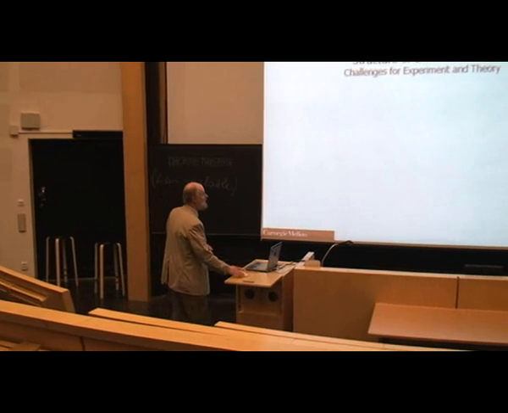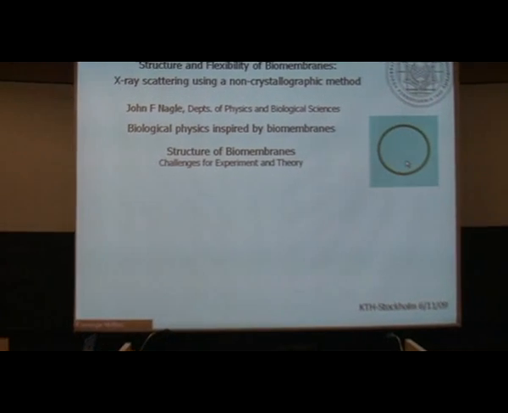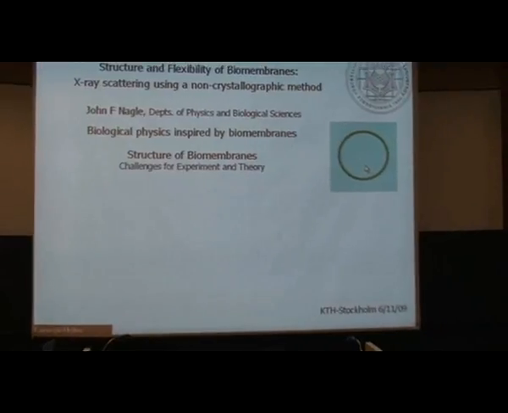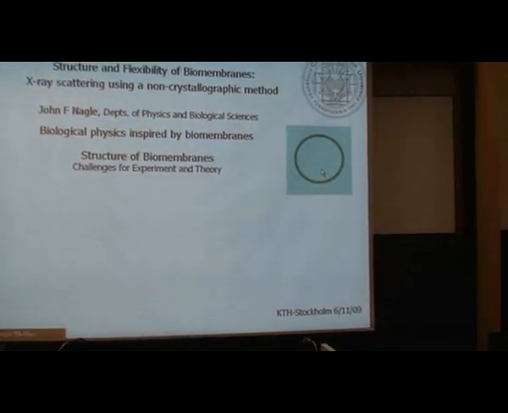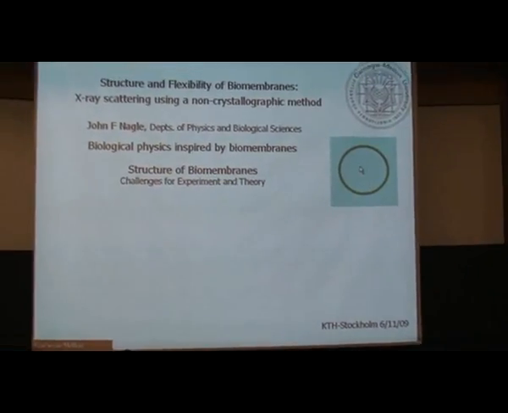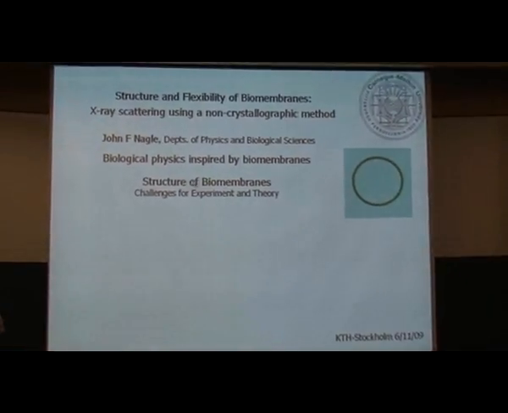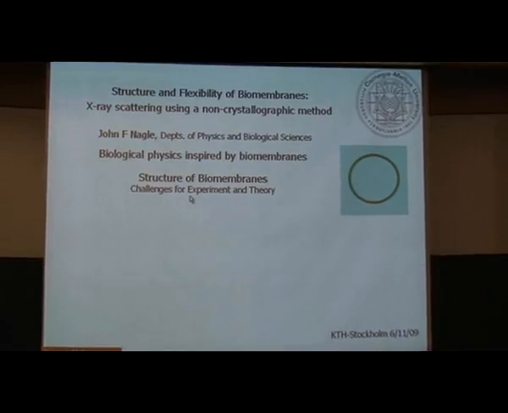I've given you here the physicist's view of the cell. Of course, it's a spherical cow, but even if you draw the spherical cow, you've already got a membrane. So I won't go too much into the biology of that, but it's a challenge for experiment and for theory to deal with the structure of biomembranes.